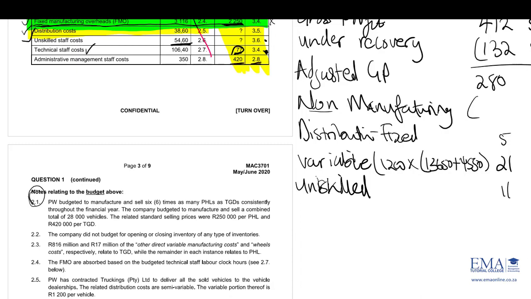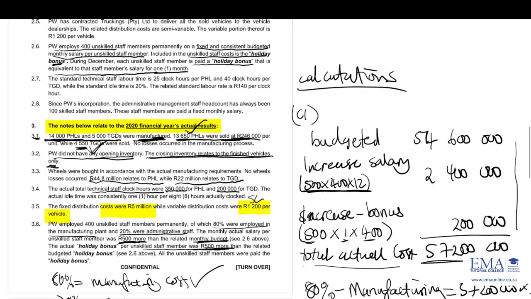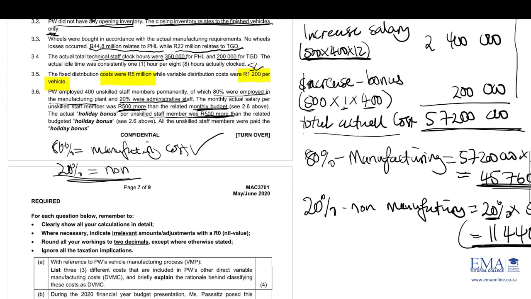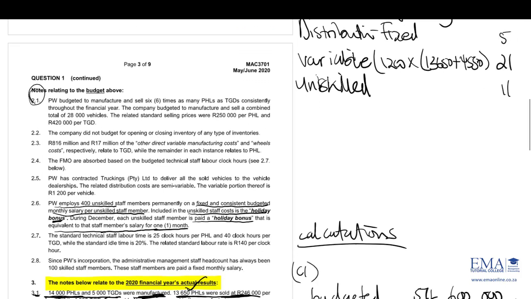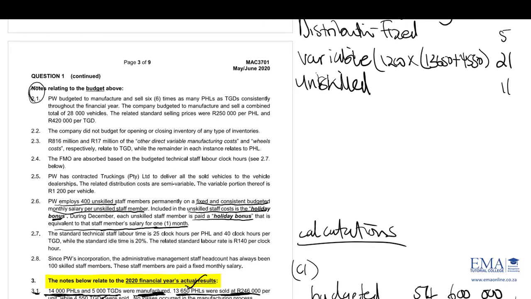was 420. So let's see what did they say on 3.8. Sorry, it was 2.8 actually. So they said here 2.8. Since PwC incorporated the administrative staff, management staff headcount has always been 100 skilled staff. These staff members were paid a fixed monthly salary.